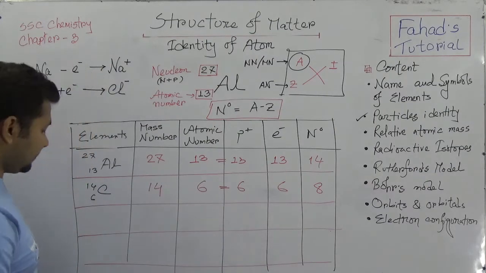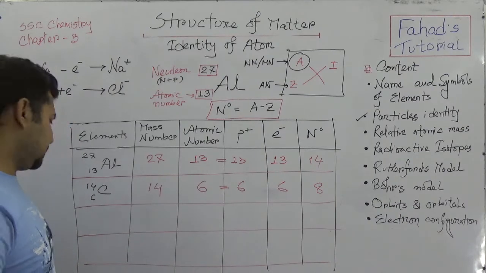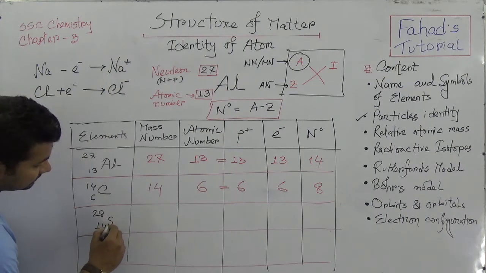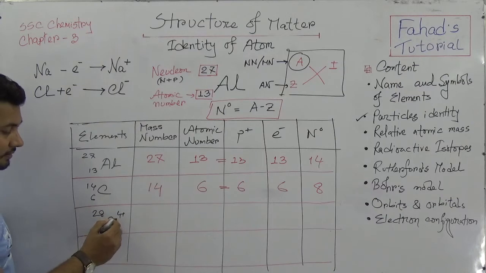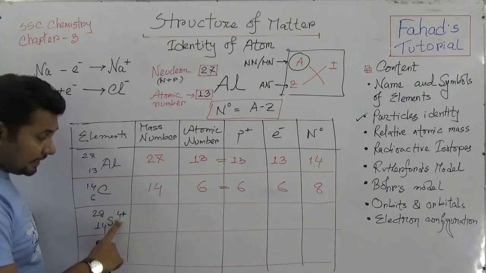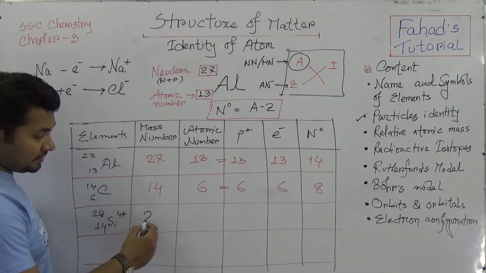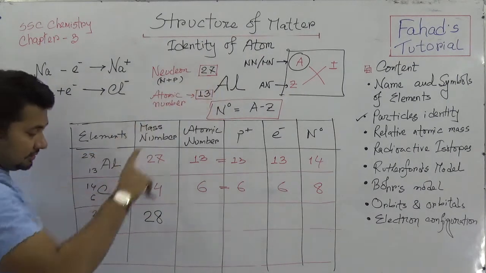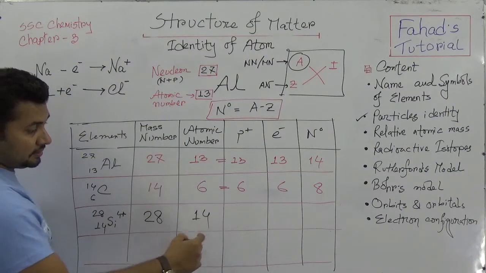Again, suppose we take silicon 28, 14, silicon 4 plus. If it is 4 plus, then the mass number of this silicon would be 28, as it is written upwards, and 14 would be the atomic number.